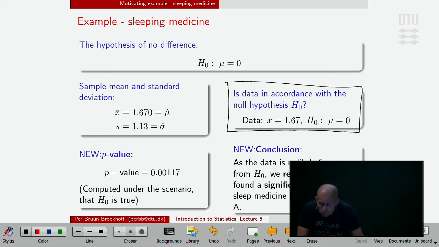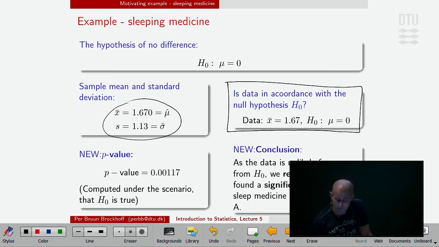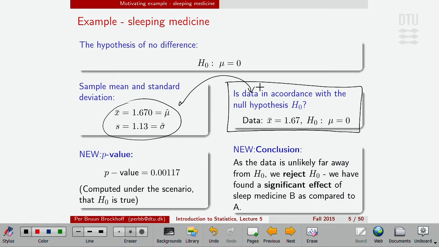We would like to evaluate whether the data we get is really in accordance with the null hypothesis, or in opposition to it. If I had an average of 0.1 hour, basically no real improvement, then my data would be in accordance with the null. So probably that would not prove B better than A.